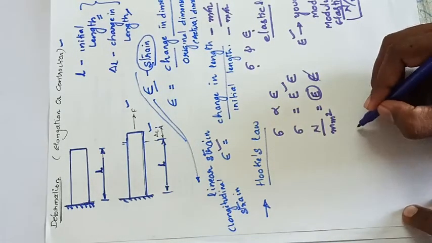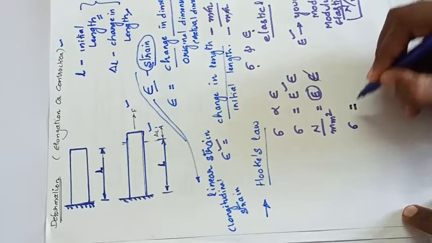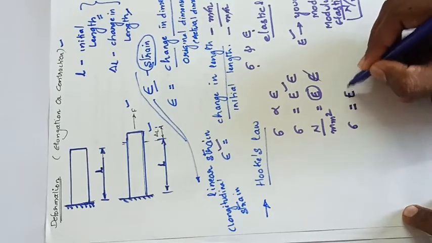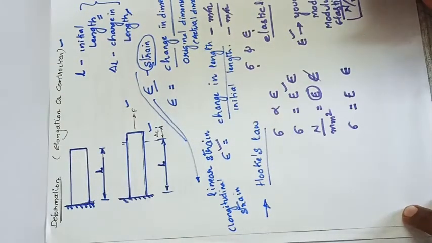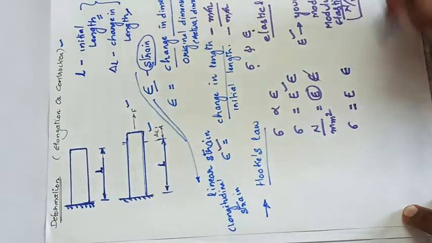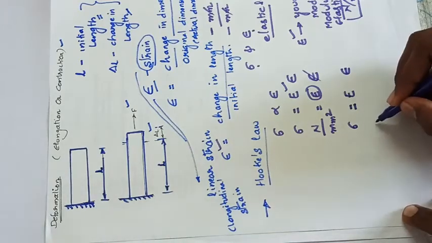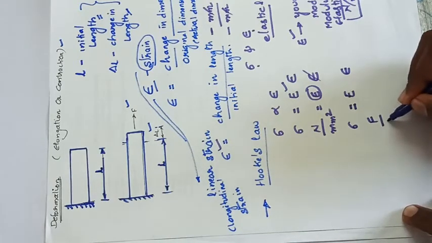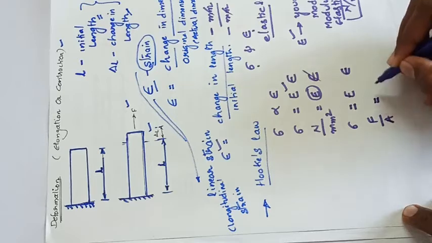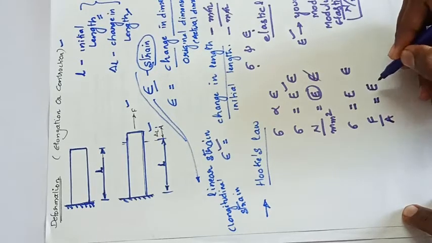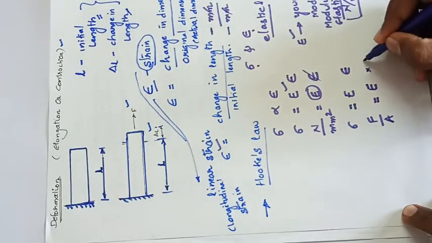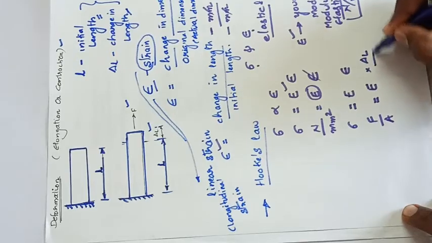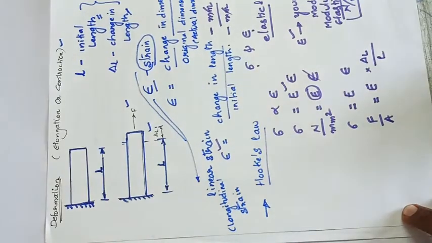Once again I will take the same equation: sigma is equal to E into epsilon. Sigma is force divided by the area, keeping E as it is, and epsilon is the change in the length to the initial length, that is delta L by the original length.